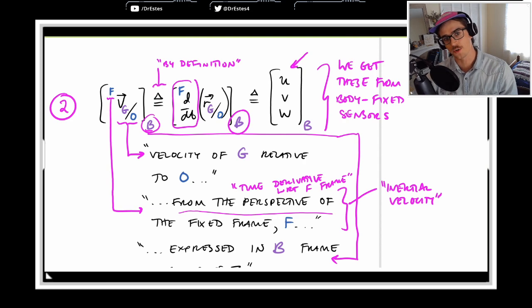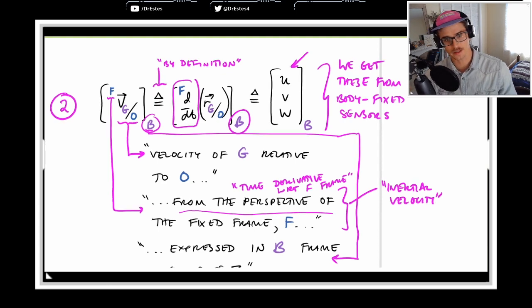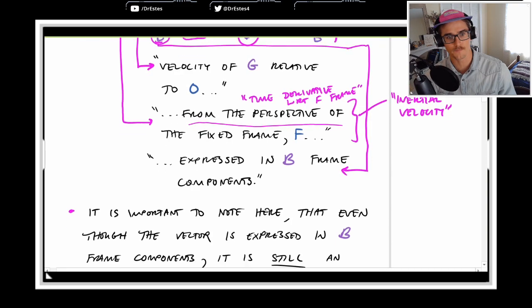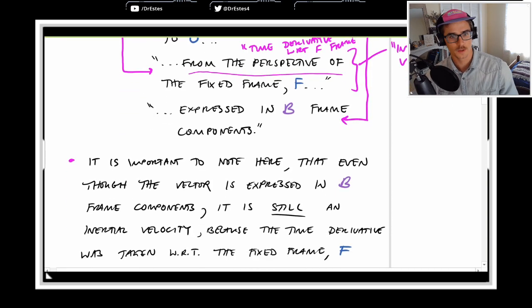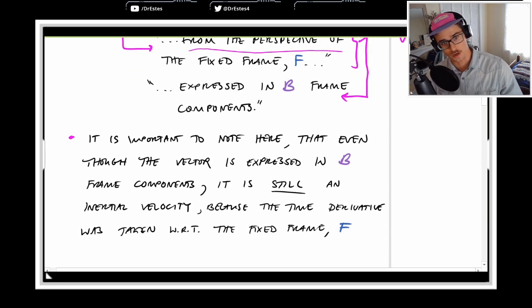All right, we're going to do 2 more cases, and these following cases will not be an inertial velocity. That means the time derivative will not be with respect to the F frame, but rather the B frame. It's important to note here, even though the vector is expressed in B frame components, it is still an inertial velocity because the time derivative was taken with respect to the F frame.